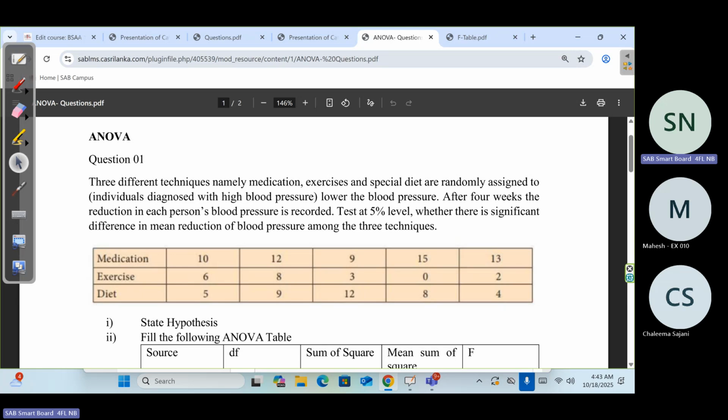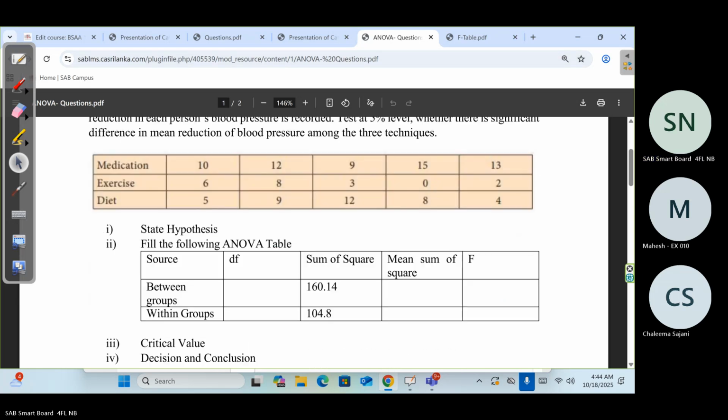In each technique, how many persons are there? 5. So 3 groups, each group consists of 5. It means K value, what's the K value in here? K value 3. What is the N value? 5. Now clear?